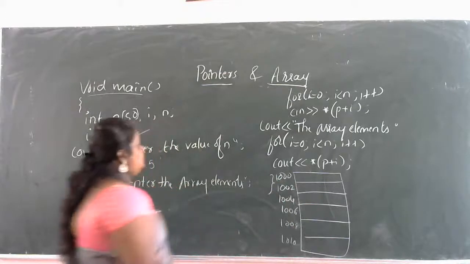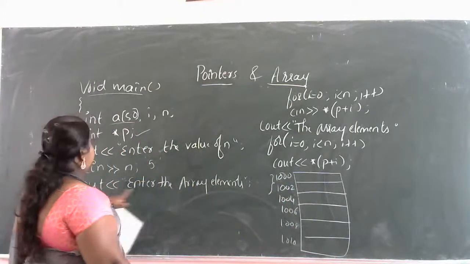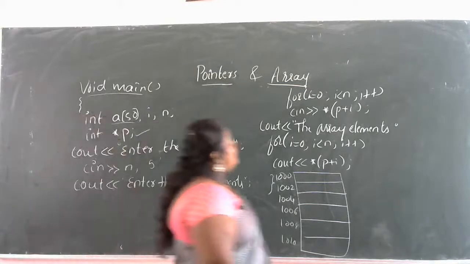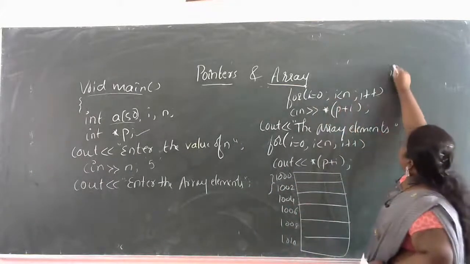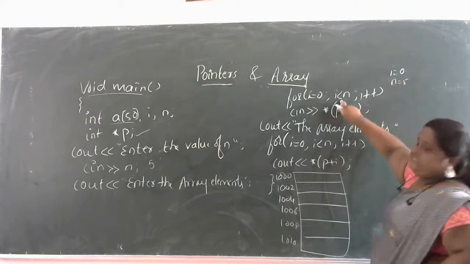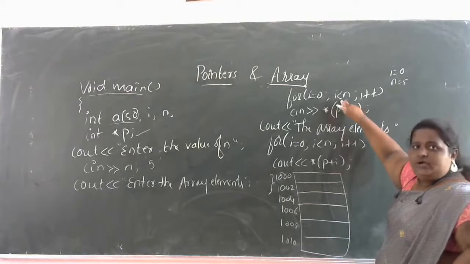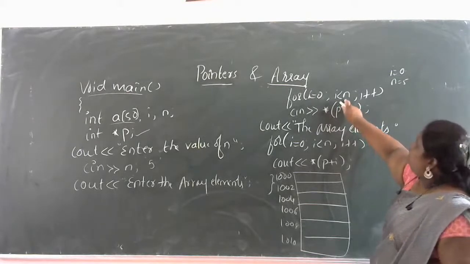Okay, this is the memory location, and I have given n as 5. Enter the array elements, and for i equal to 0, n value is 5. 0 less than 5, true. The condition is true.